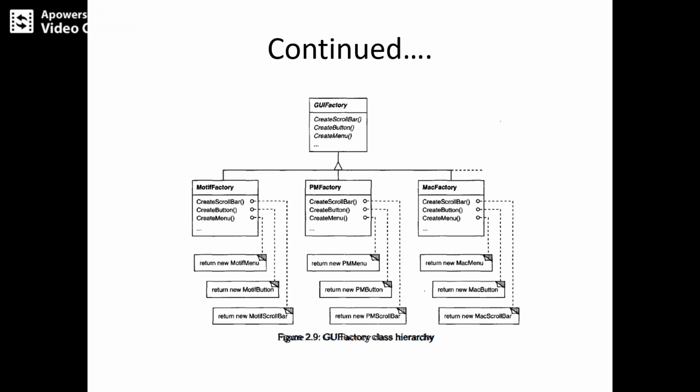So here we have the Motif factory with create scroll bar and create button, and another is the PM factory with create scroll bar, create button, create menu. Similarly, the Mac factory. These are the different operations that will be followed, returning types for all the subclasses of this GUI factory.